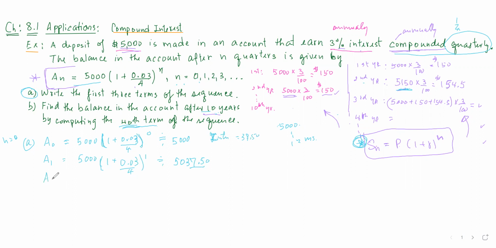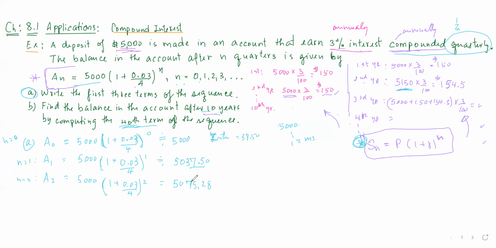And then to get the third term, n equals 2, and this one n equals 1. Okay, so it becomes 5,000 times (1 plus 0.03 over 4) power 2. Okay, you use a calculator. It's going to be 5,075.28.